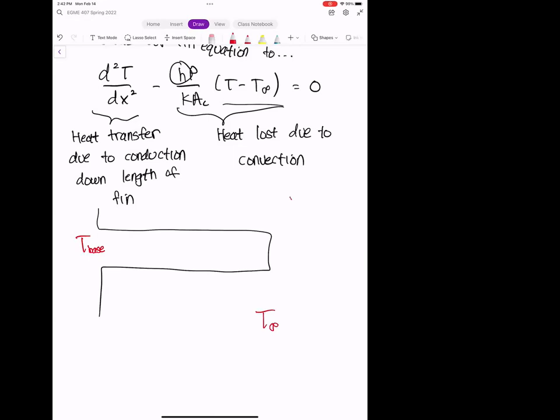For most cases, T base is going to be greater than T infinity. And so you're going to have heat transfer that goes from the base out to the edges of the fin. On the one hand, you have heat going down the length of the fin like this. And since it's traveling along the solid part of the fin, that's heat transfer due to conduction. That's represented by the second order derivative term up there.